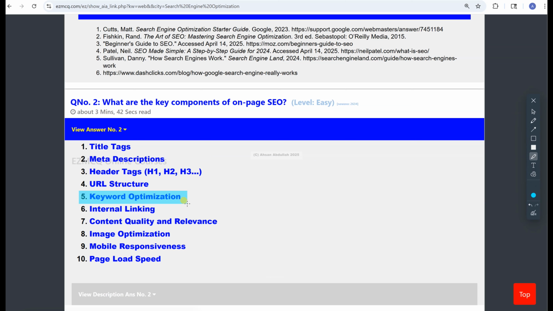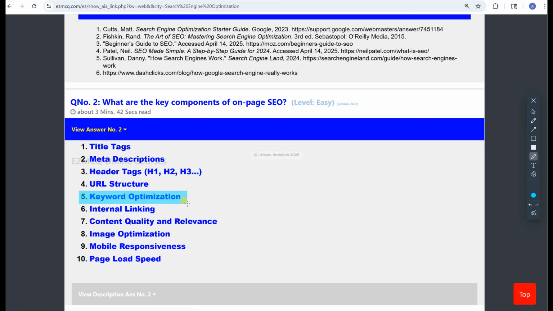Okay, keyword optimization. So of course, if you have properly selected the keywords and you strategically use them, your keywords ensure that your content matches what the users are searching for.